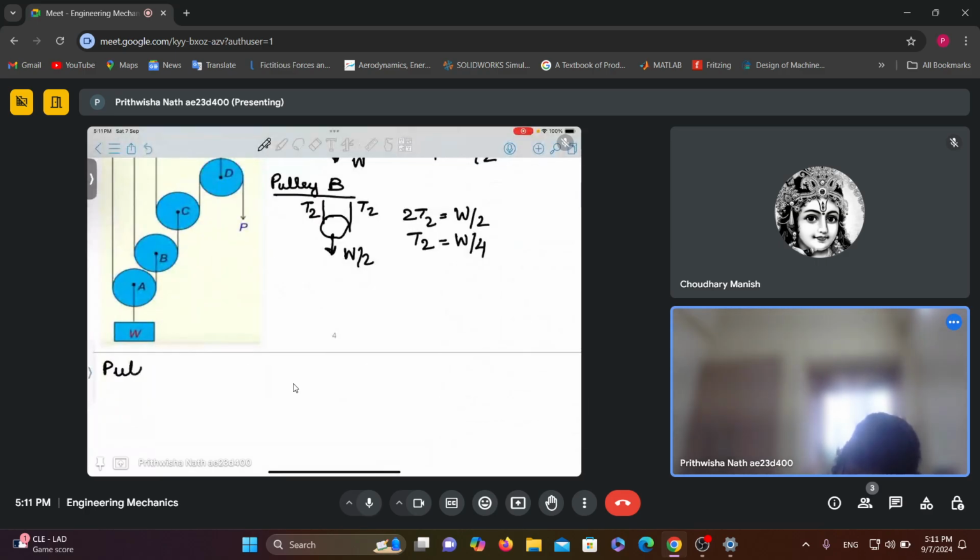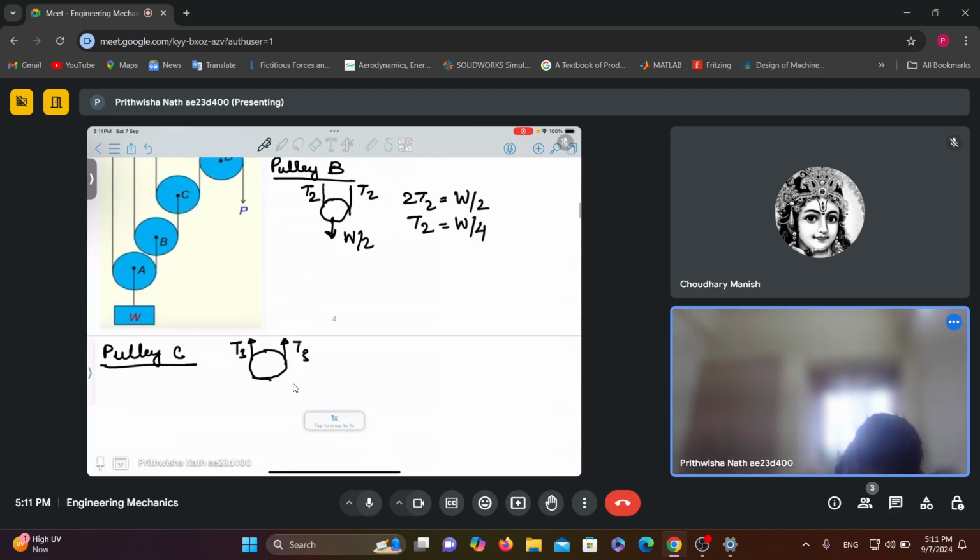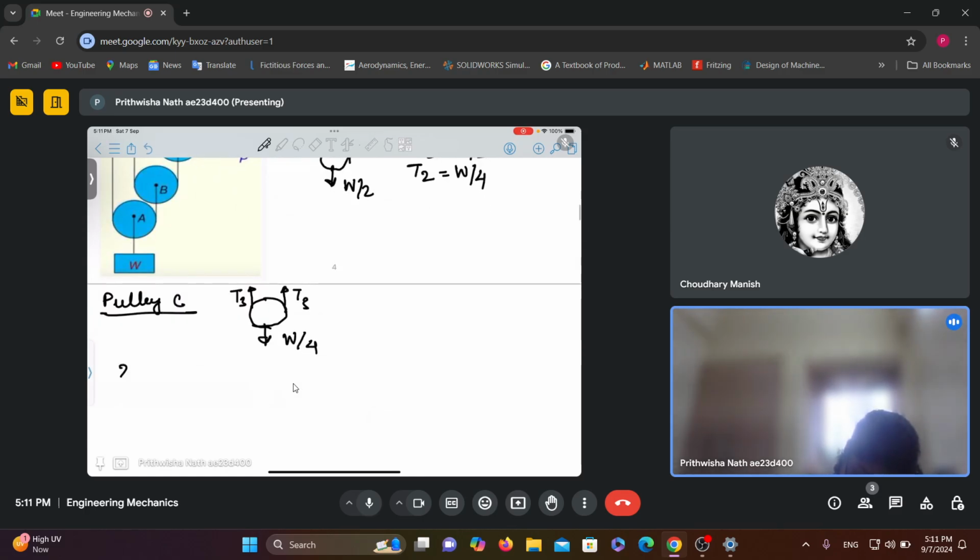Now for pulley C, if this is T3, and this is W by 4, so 2T3 equals W by 4.